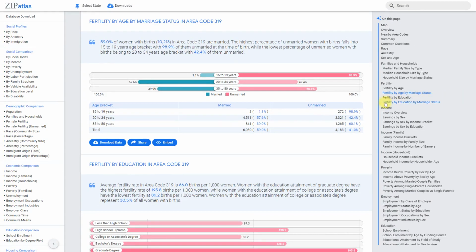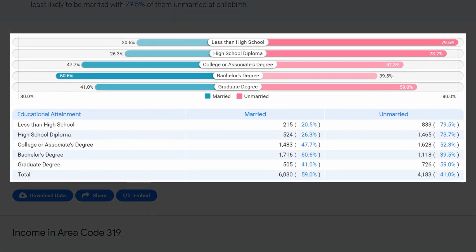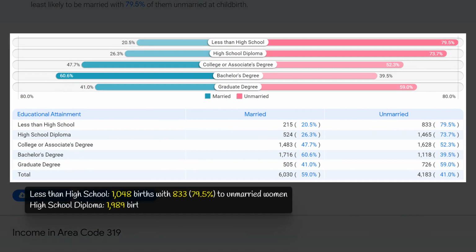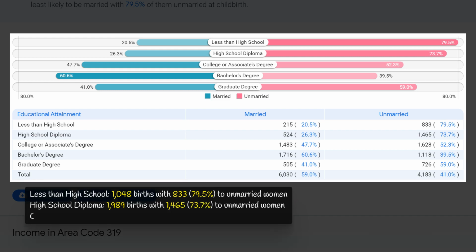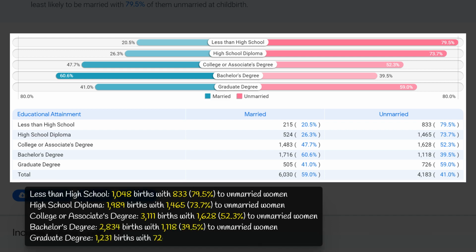In the area code 319 of Iowa, there is a clear trend of higher non-marital childbearing rates among those with lower levels of education. The lowest rate is among those with a bachelor's degree, where only 39.5% of births were to unmarried women, while the highest rate is among those with less than a high school education, where 79.5% of births were to unmarried women.